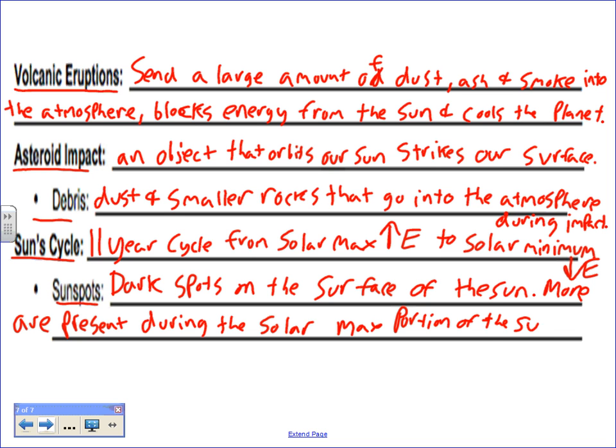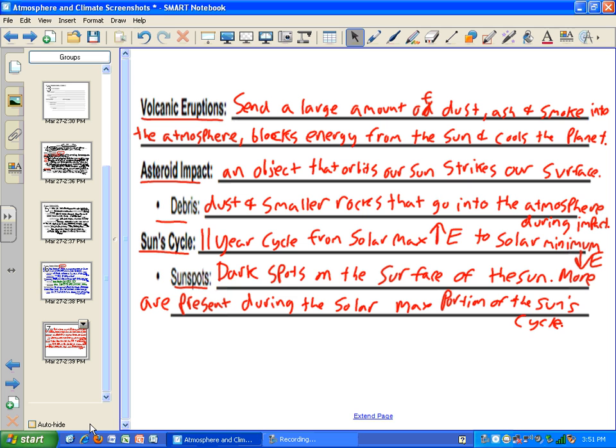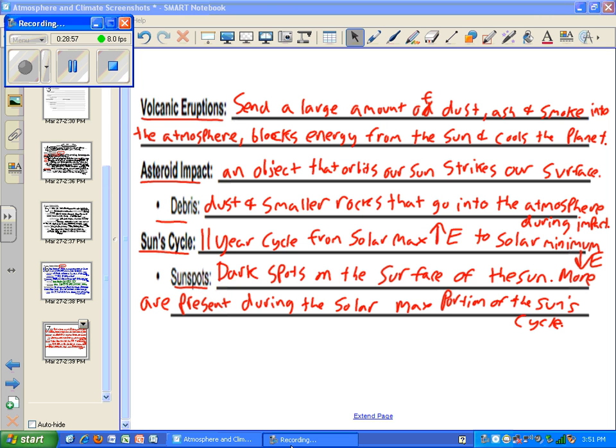So these have something to do with the increased amount of solar energy. All right? So sunspots do affect the climate of our Earth. And that's going to conclude lesson 2 of the primer worksheet, which deals with the investigation of climate.